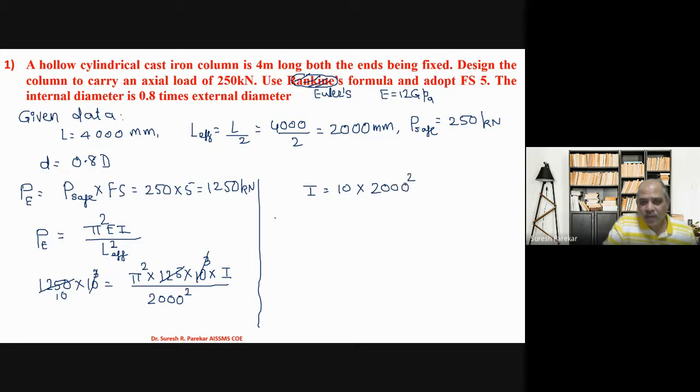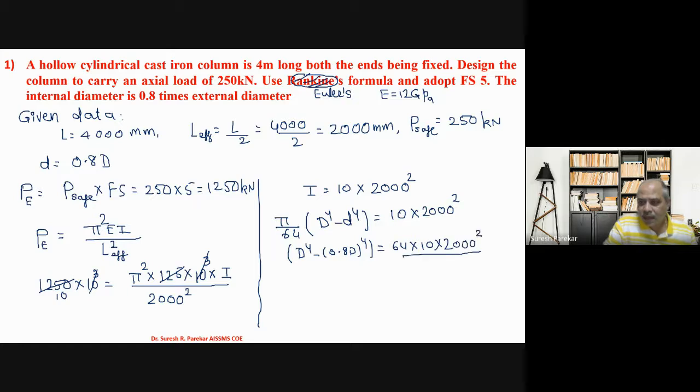Now put the value of I as pi by 64 into D to the 4 minus d to the 4, which is equal to 10 into 2000 square. Then we can have D to the 4 minus 0.8 D to the 4, and that is equal to 64 into 10 into 2000 square divided by pi.